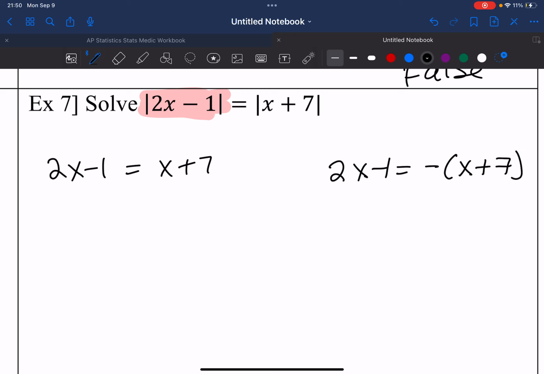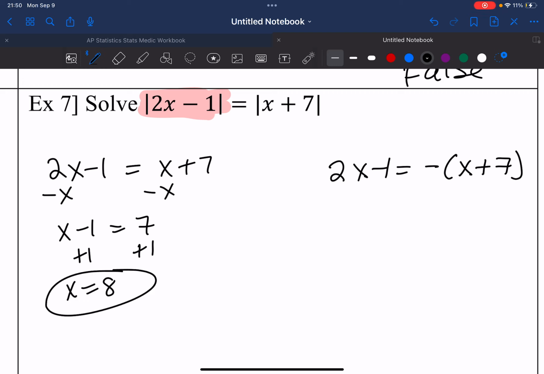Again, notice how I put the negative on the outside and I put the term in parentheses. Solving for x, I'm going to subtract x from both sides and I get x minus 1 equals 7. Adding 1 to both sides, I get x is equal to 8. So one possible answer.